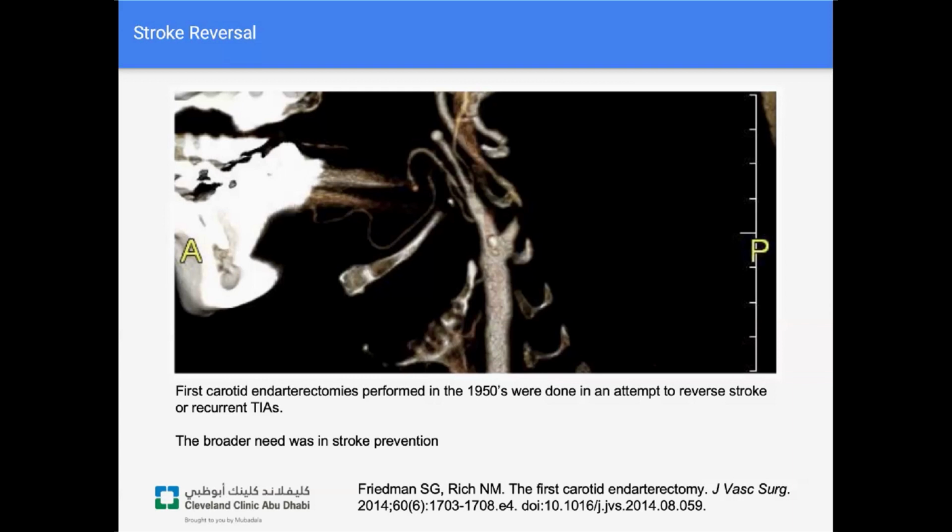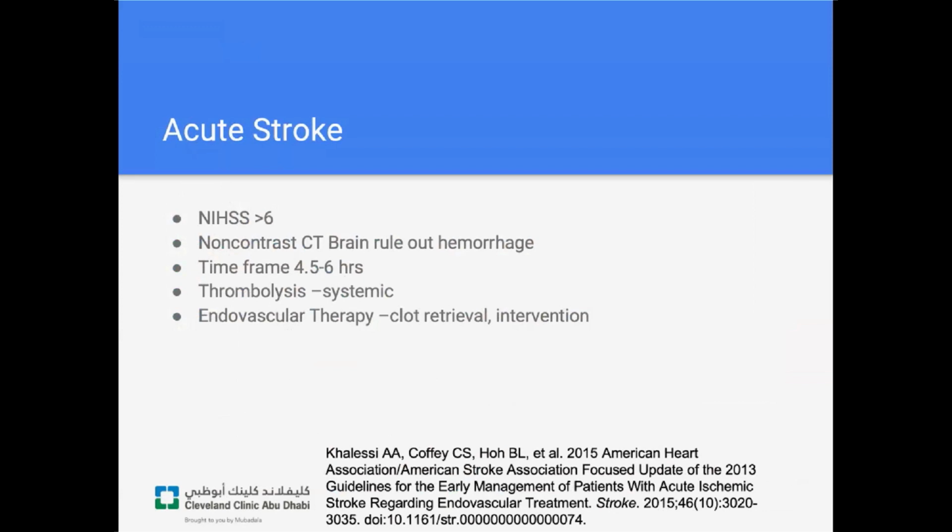The broader need was and still is in stroke prevention in those who've had strokes and those who are at high risk for strokes. Modern day management of acute stroke is with early intervention, and the rule is for those with NIH stroke scale greater than 6 to get a stat non-contrast CT to rule out hemorrhage, and if they are within a time frame of 4.5 hours, to undergo thrombolysis, and that's systemic thrombolysis.